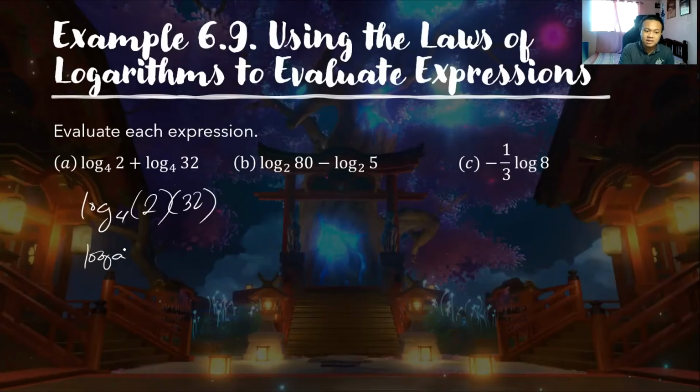That's logarithm of 4 base 4. 2 times 32 is 64, di ba? So logarithm of 64 with the base 4, pila man? That's actually 4 times 4 times 4. So use your calculator, no? That's actually 3, because 4 raised to 3 is 64.